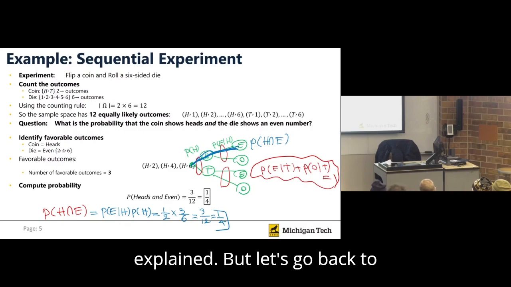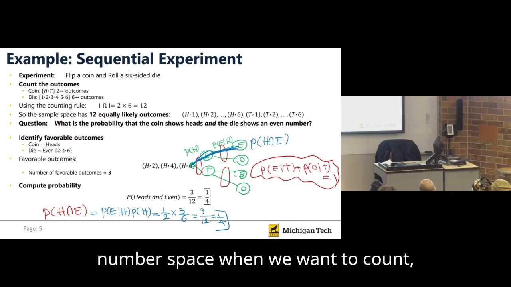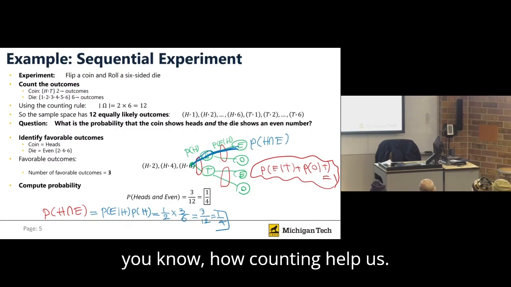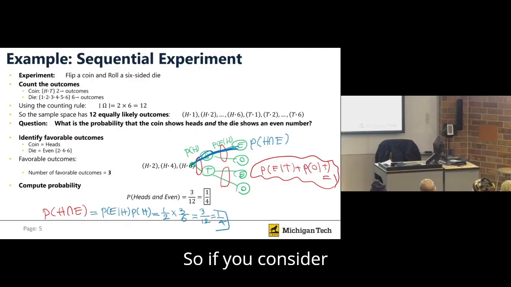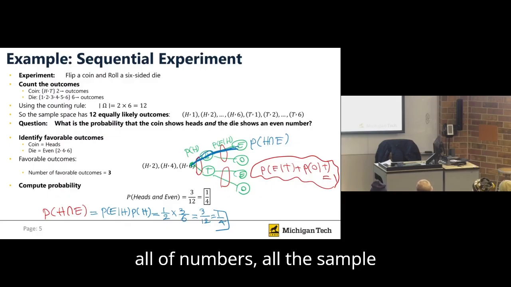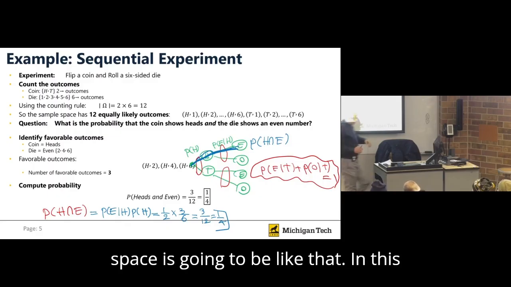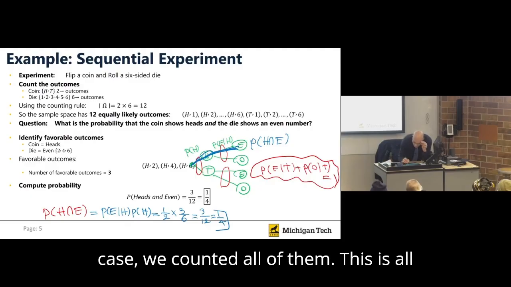But let's go back to the sample space, where we count, and see how counting helps us. If we consider all the numbers, the sample space is going to be like that. In this case, we counted all of them.